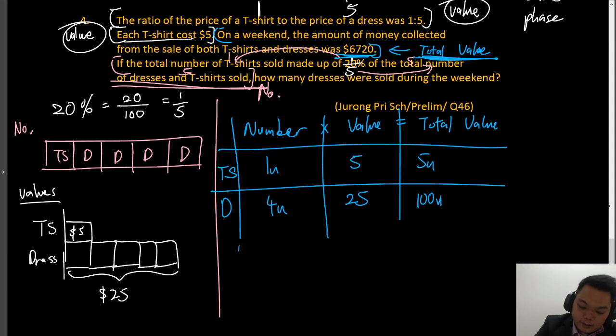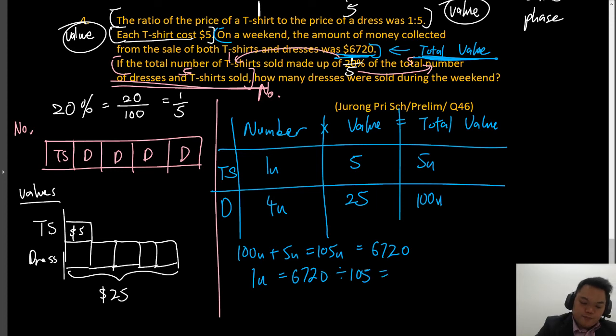So if you add up everything, 105 units will be 6,720. So 1 unit here will be 6,720 divided by 105. This will give you 64.